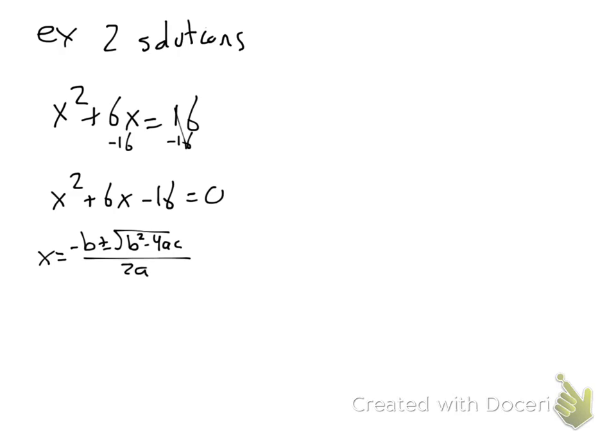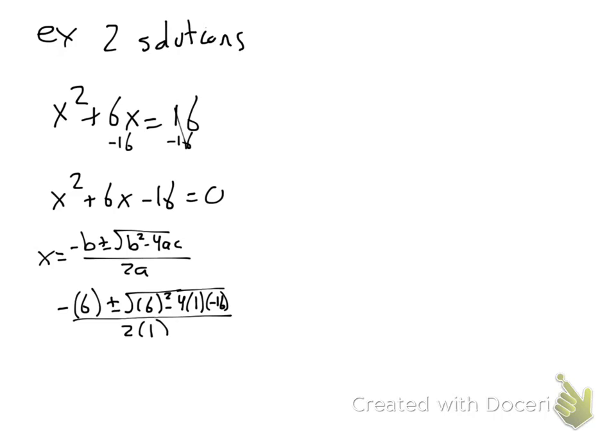And now I can start to fill that in. Opposite of 6 plus or minus the square root of 6 squared minus 4. I am using parentheses, I think everybody can see, where my numbers will be. So a is 1 and c was a negative 16 and a was 1 again.